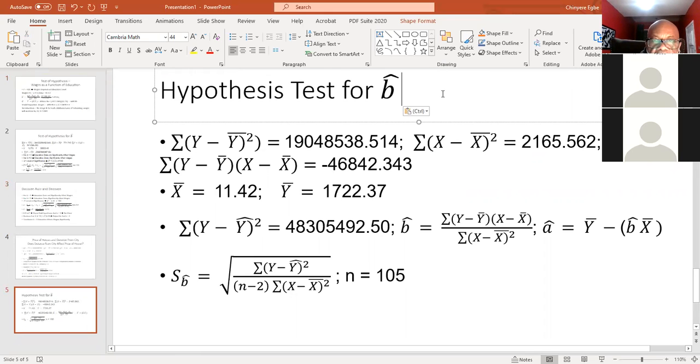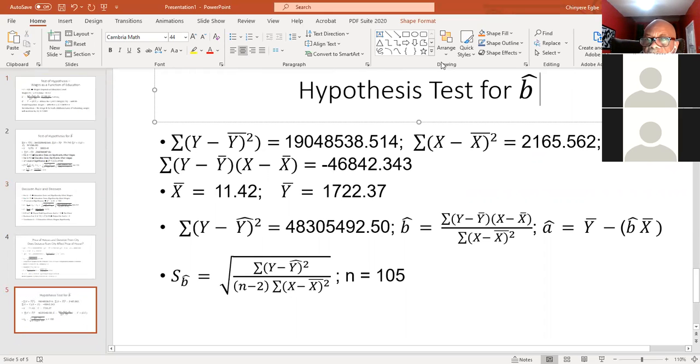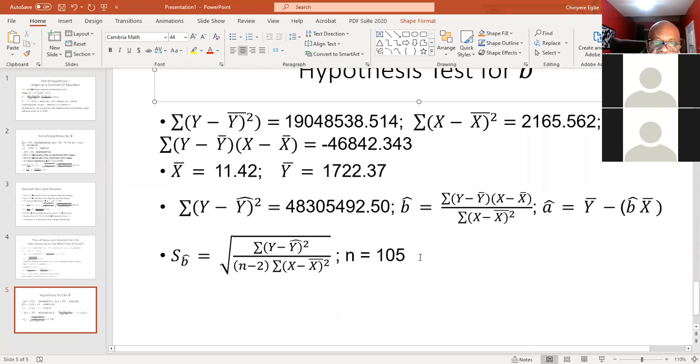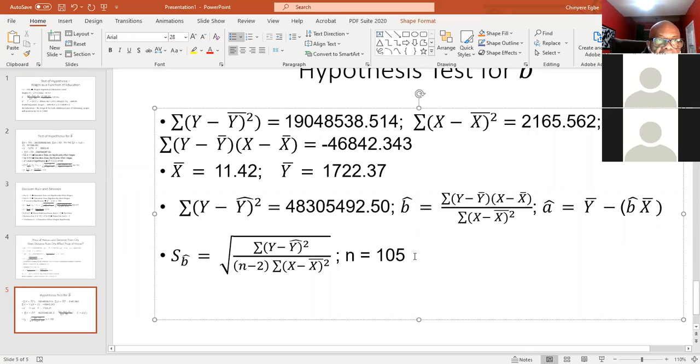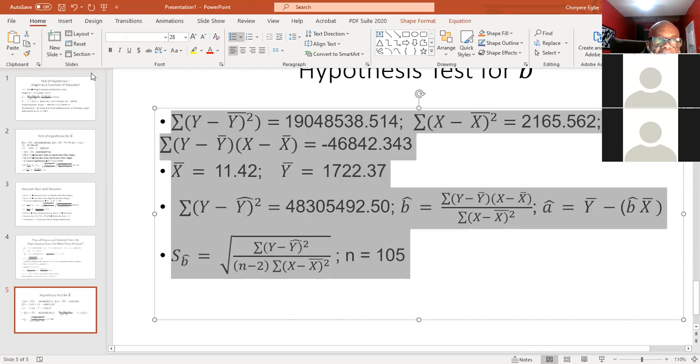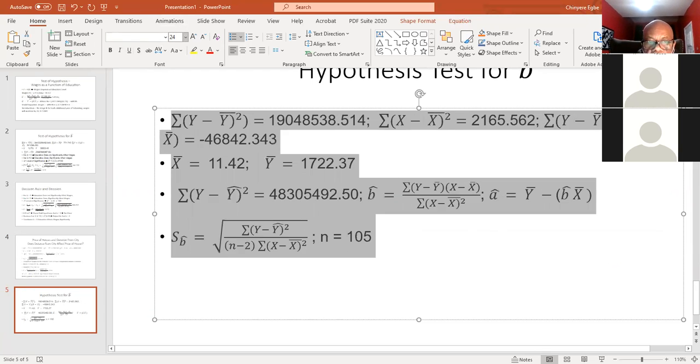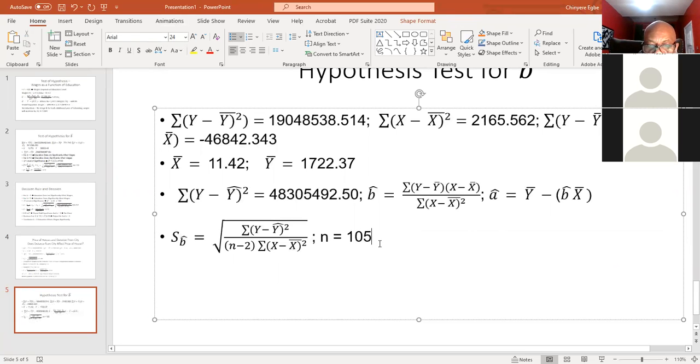The hypothesis test for B hat. That is what we're going to do. So how do we test the hypothesis for B hat? The first thing we do, as we all know, is to state the null hypothesis.